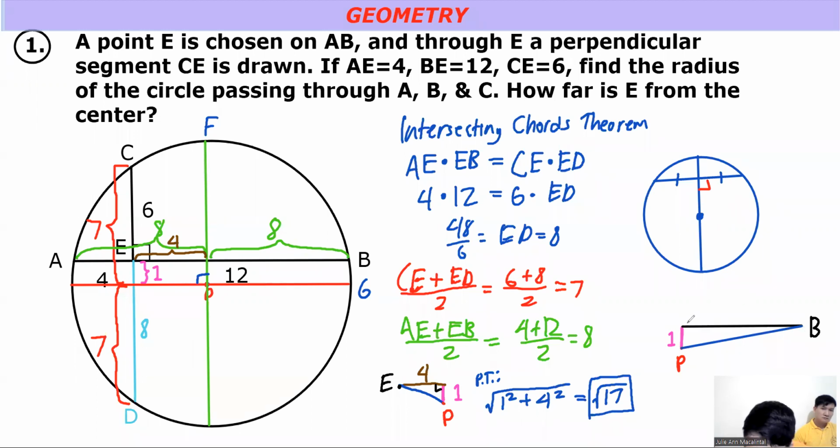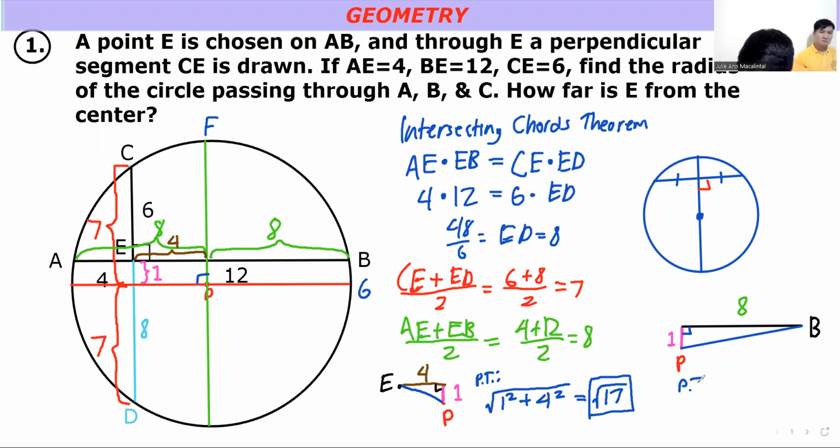So this was 8. Then this is right. So again, Pythagorean theorem: square root of 1 squared plus 8 squared is equal to the square root of 65.